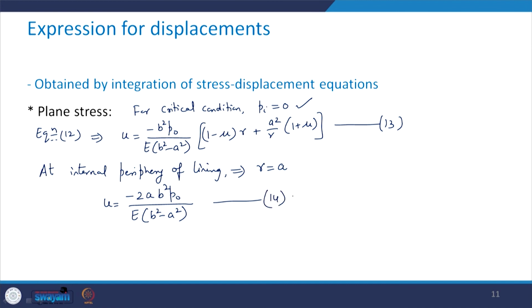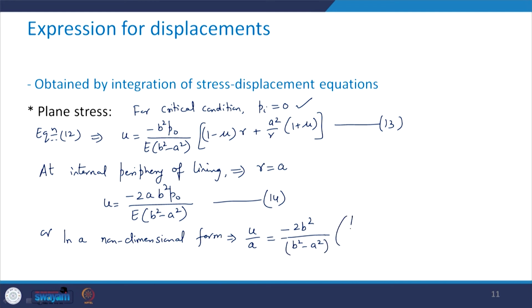Equation number 14. Or in a non-dimensional form, what we are going to get is u upon a will be equal to minus 2 b square upon (b square minus a square) into p naught upon E.